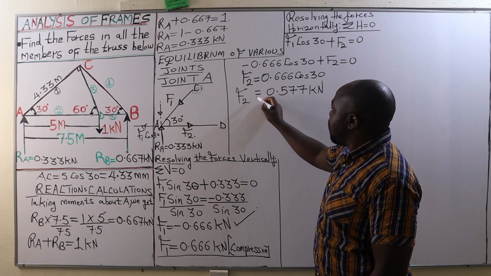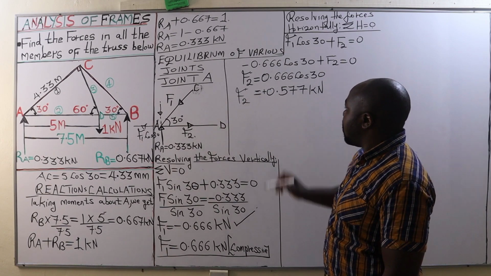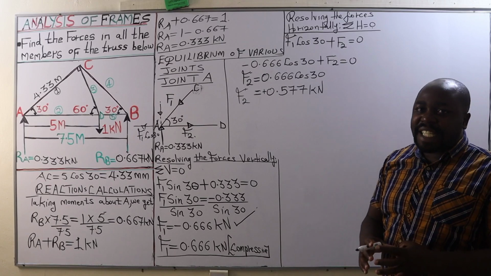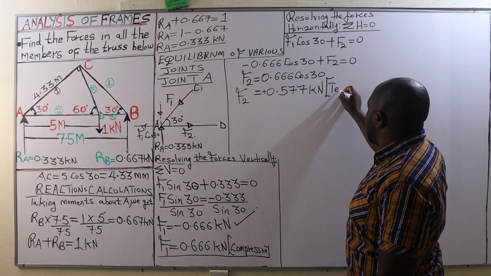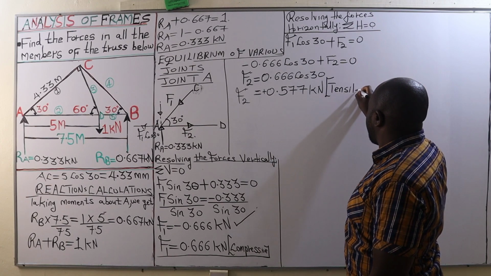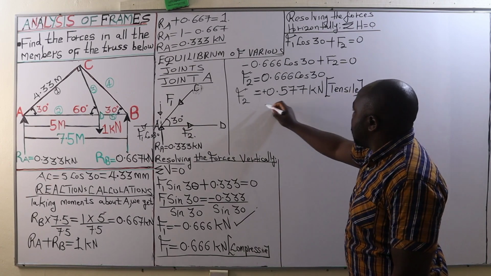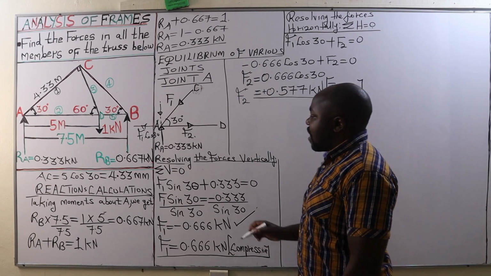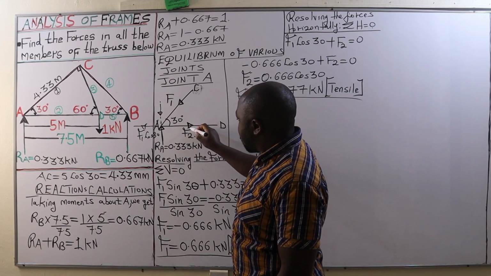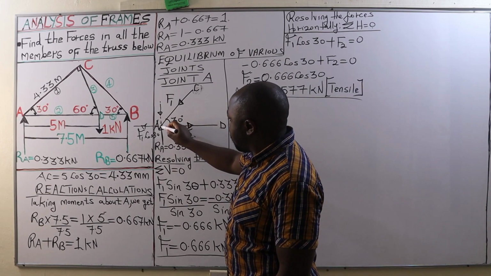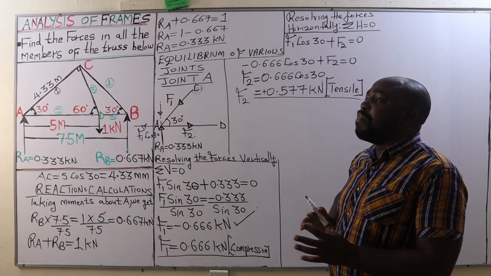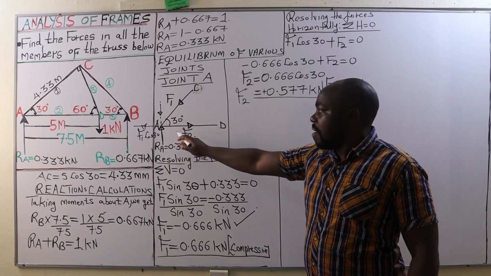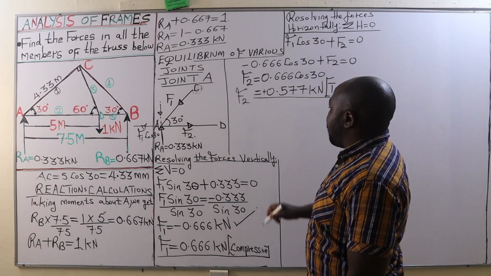The force being positive means that it is a tensile force, meaning that F2 is acting away from joint A. It is pulling it in that way. Very good.